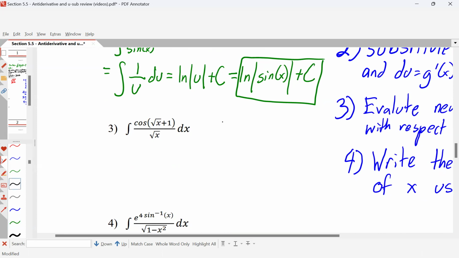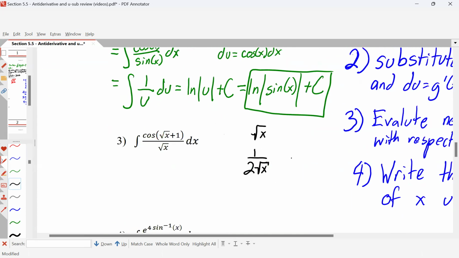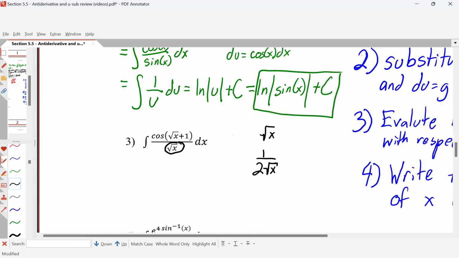But the derivative of square root x is 1/2 square root x by the chain rule. Which, seeing that square root x in the denominator is very reminiscent of what we already have going on in problem 3.